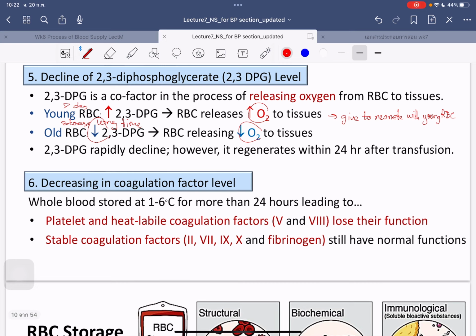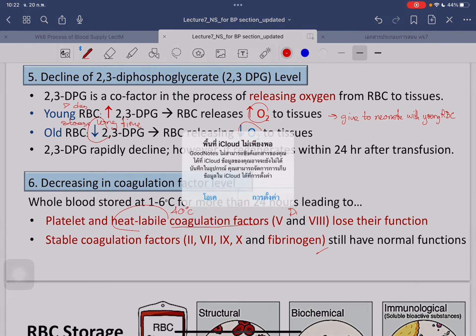And the sixth one: when you think about blood, it is not only the red blood cells, it has other proteins like coagulation factors. Some coagulation factors are heat labile. It means that if you just put them at 40 degrees Celsius, they will disappear, such as factor 5 and factor 8.